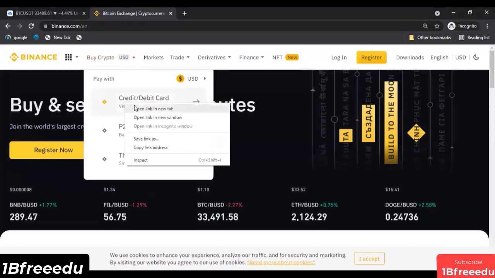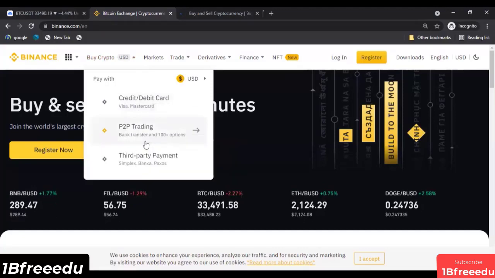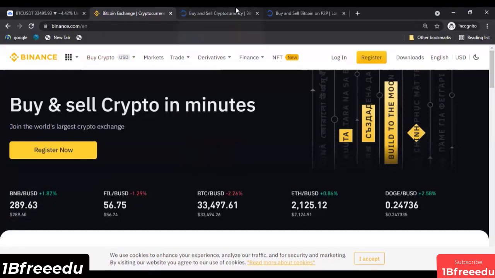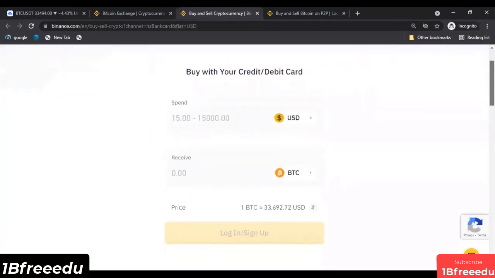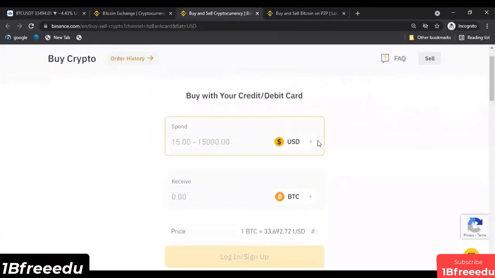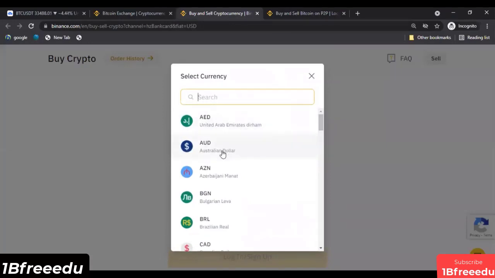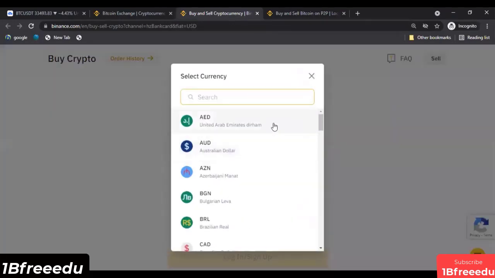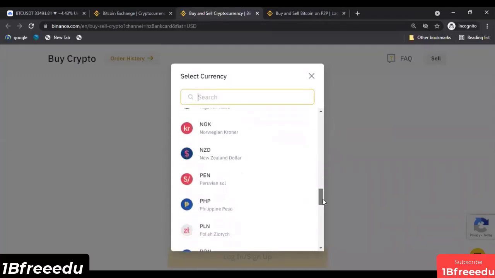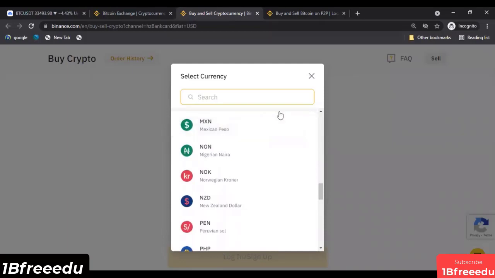There are actually three options, and the first two are important, and the third one you can use as well. The first one is to use your credit or debit card. You can simply select your currency, for example, if you are living in Australia, you can select Australian dollar. If you are living in United States, it was selected previously, and you can search here as well.